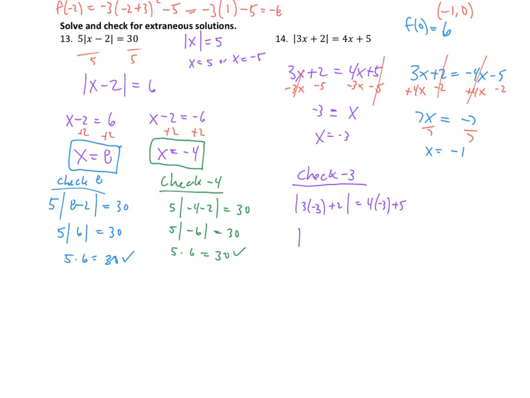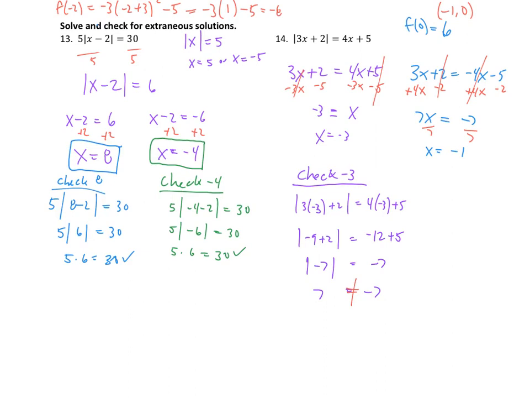So 3 times -3 is -9 plus 2. Absolute value of that, so we have the absolute value of -7, which is 7. Over here I have -12 plus 5, and that gives me -7, and 7 does not equal -7. So this answer does not work.